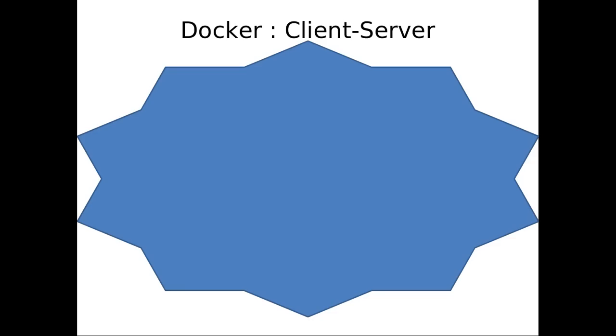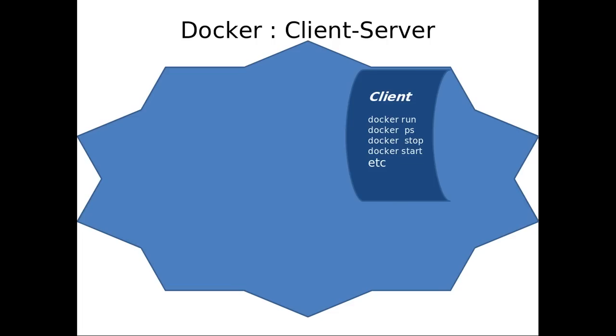What happened actually? Docker works as a client-server. The client is whatever we are firing on our terminal, like docker run, docker push, docker start a container, docker stop a container. We can say this is our client mode.